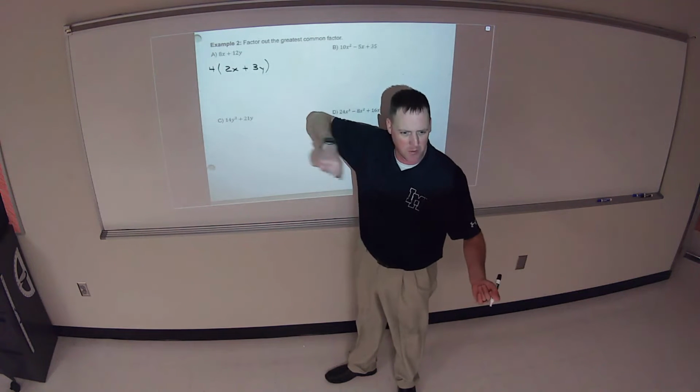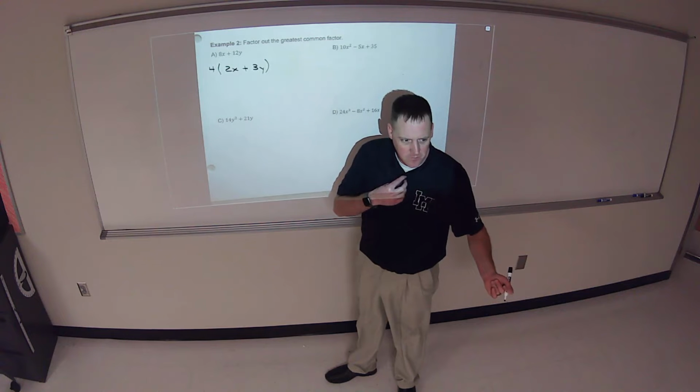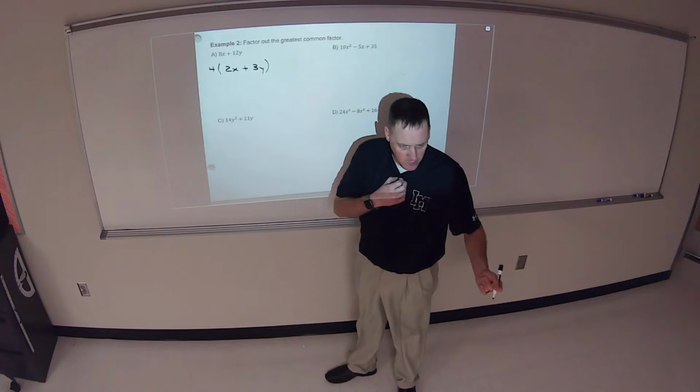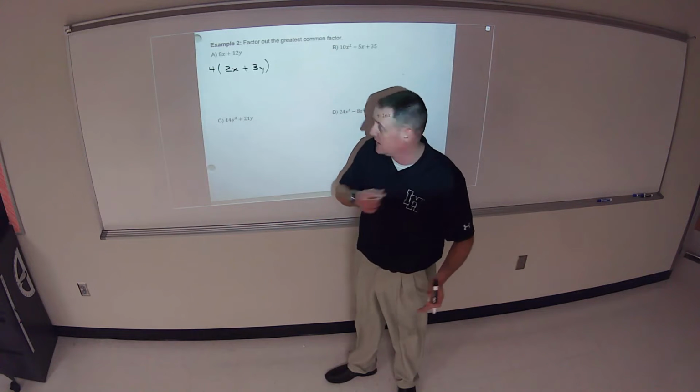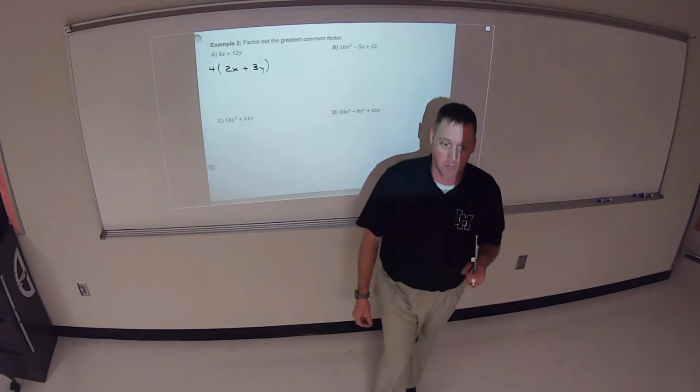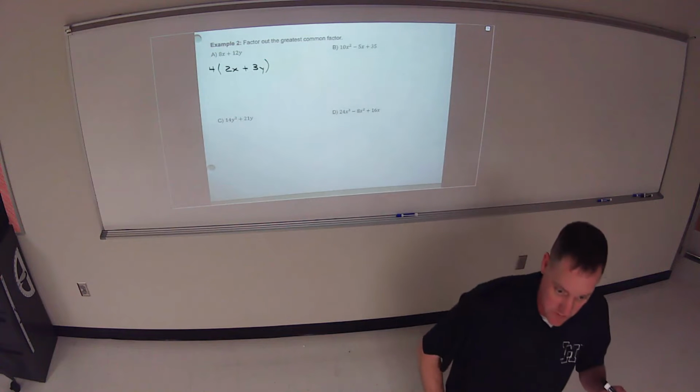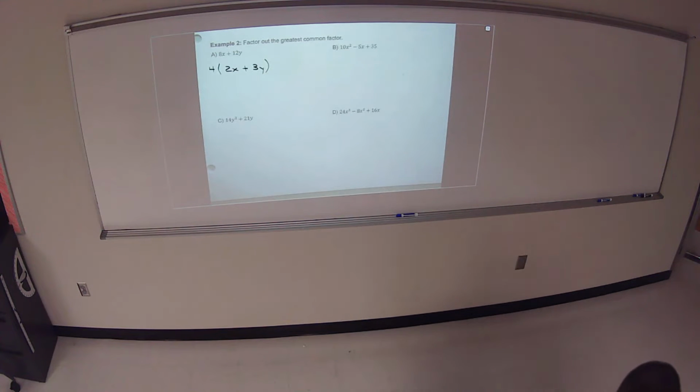What's a prime number? A number that's only divisible by 1 and itself, okay? These will not always be prime numbers, but they will always be relatively prime. That was a phrase we've used for the last 12 months. Relatively prime means they have no other common factor other than 1.